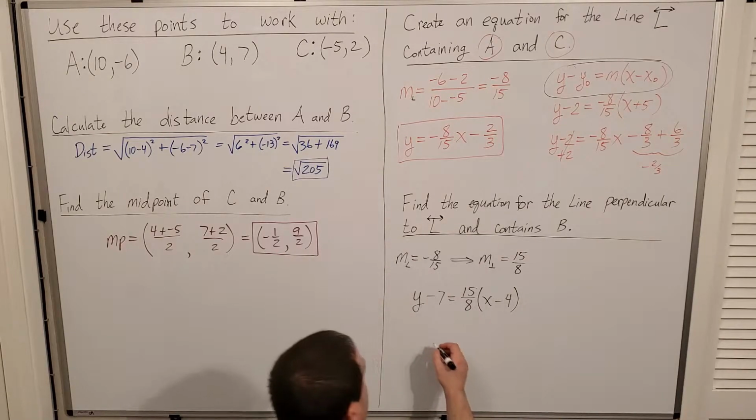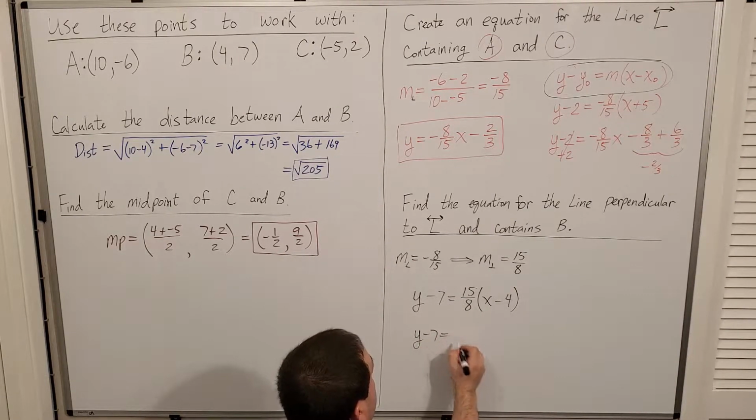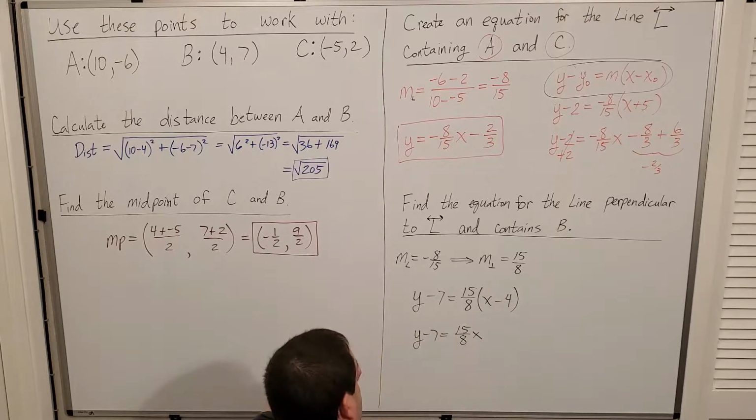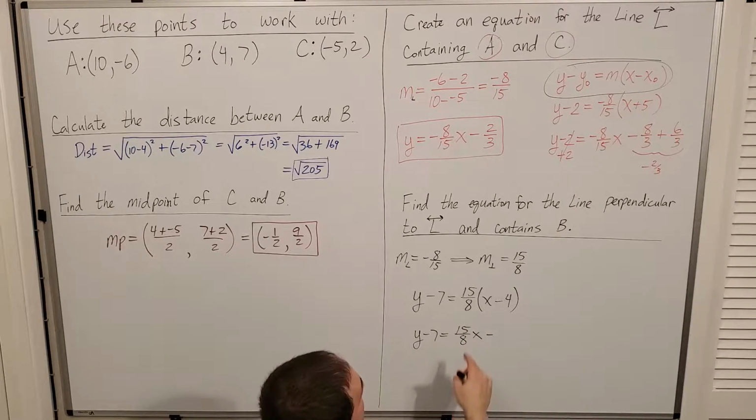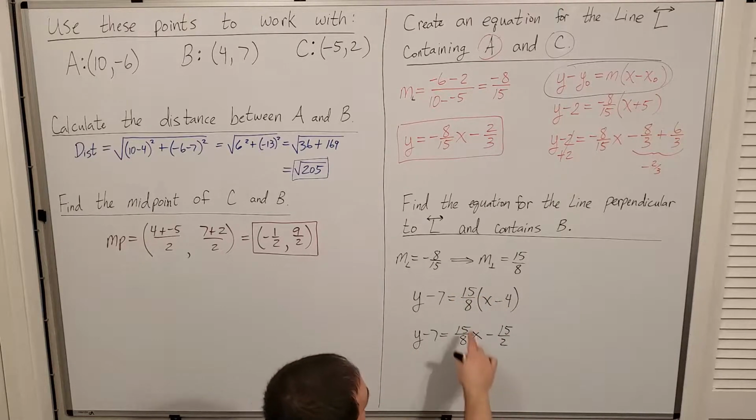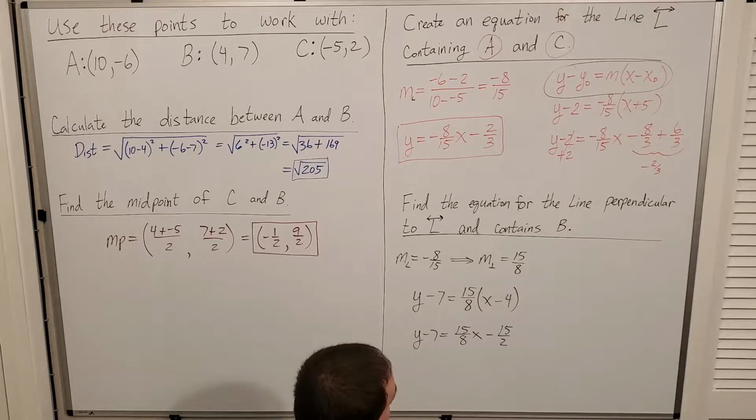Distribute. So I have y minus 7 is equal to 15/8 x minus, that's going to be 15/2 because 60/8 reduces. And then I'm going to add 7 to both sides.